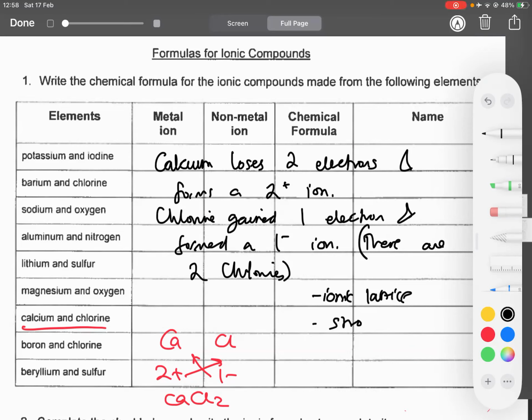And there's strong electrostatic attraction between opposite ions. Okay, that's all you need to know.